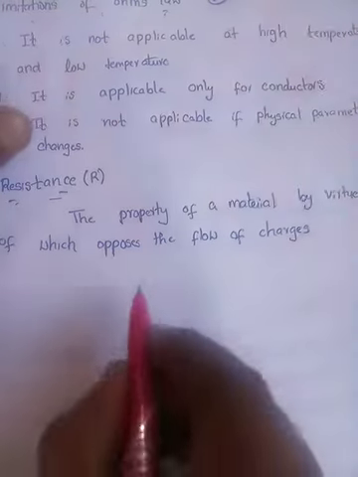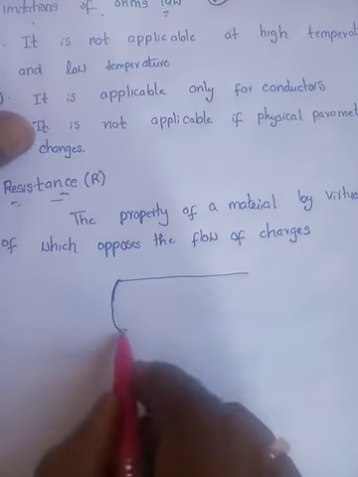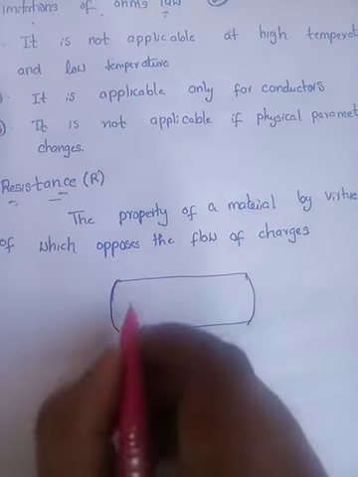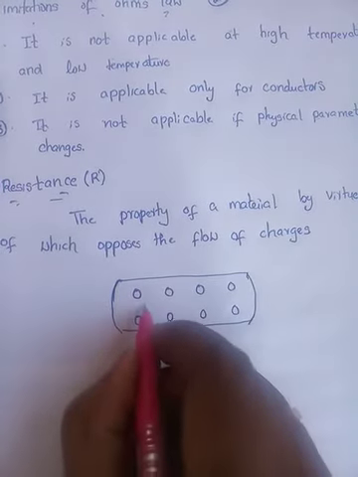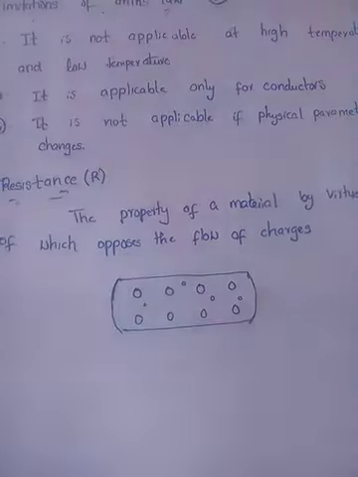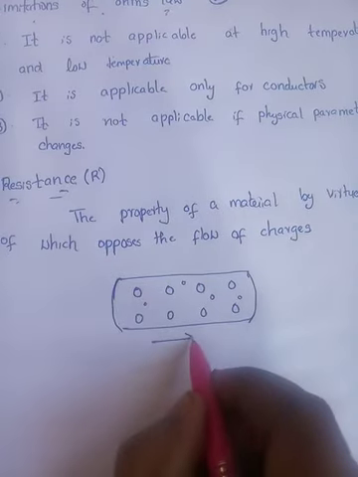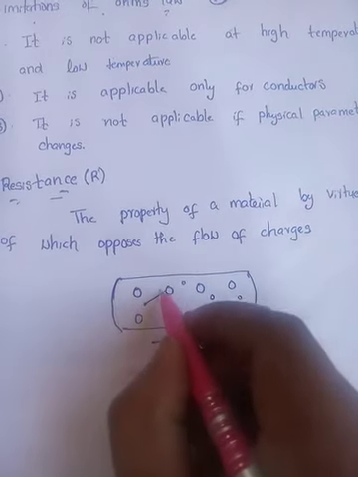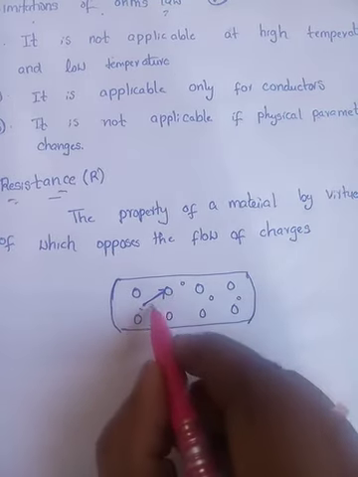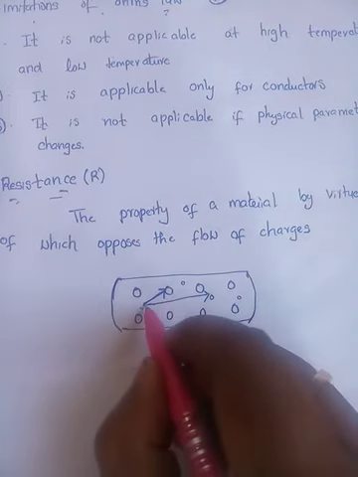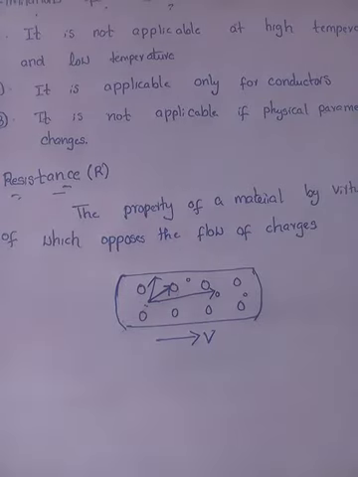Now for example, if you take a small conductor, assume that these are atoms and these are the small electrons. They are moving in random motion. When some potential V is applied, they start to move, right? There is a collision between electron and metal ion, or between electron and electron, or between the electron and the wall of the conductor. These are the possibilities by which an electron may lose energy.